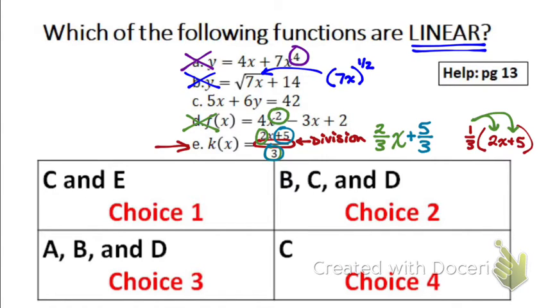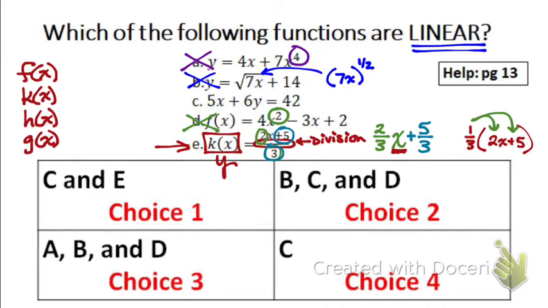This one is linear because when I look at this, I have the x there. It does not have any power with it, any exponent, so it's just a 1. It starts with function notation. That's exactly the same thing as y. Whenever you see things like f of x or k of x or h of x or g of x or anything of x, this is all just function notation.